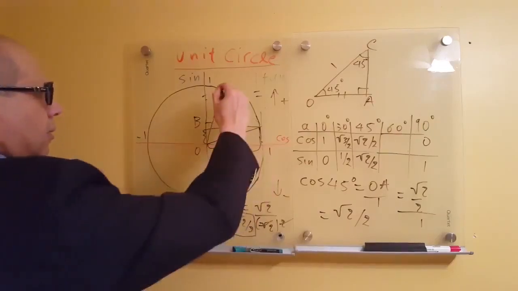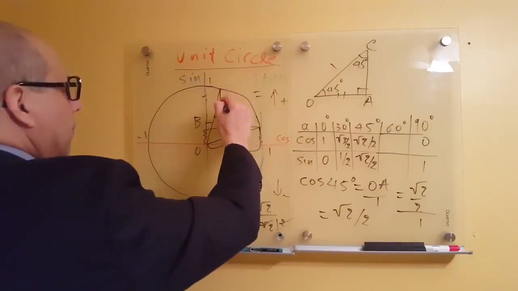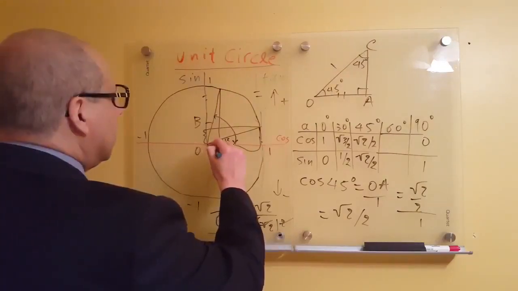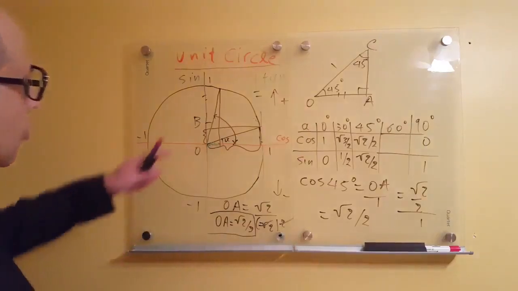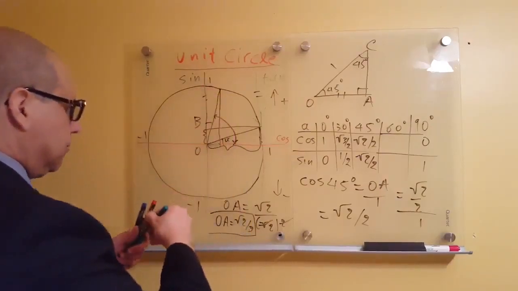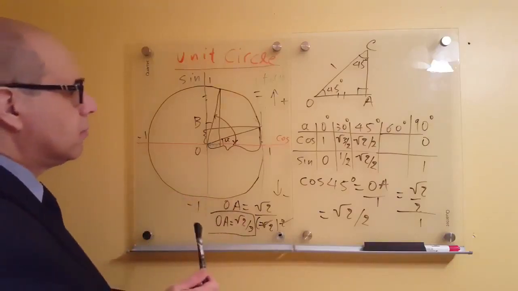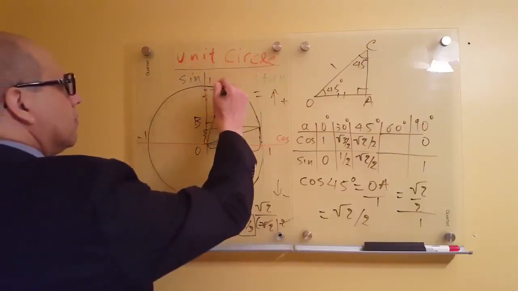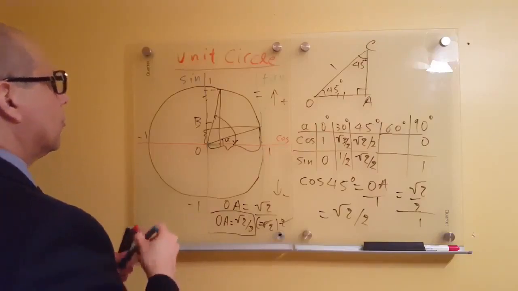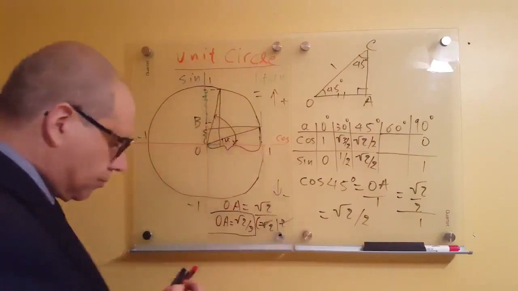So if you bring again the perpendicular from this point to this point, we have that this here, it's now the cos of this angle here, and this here is the sine of this angle here.